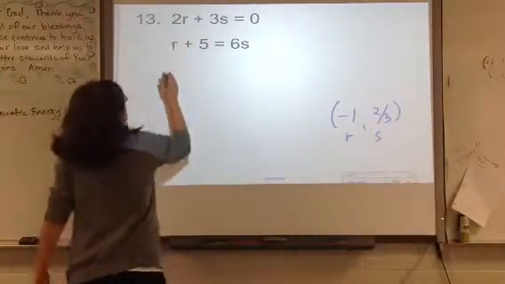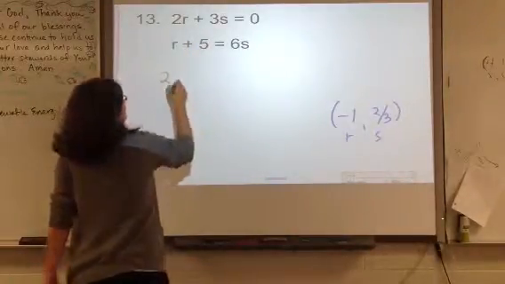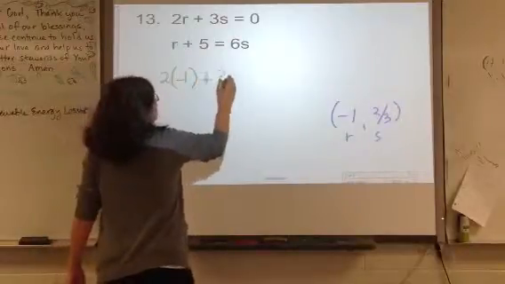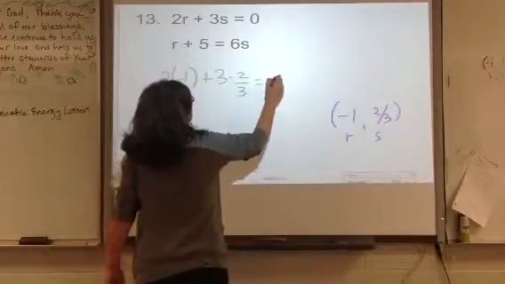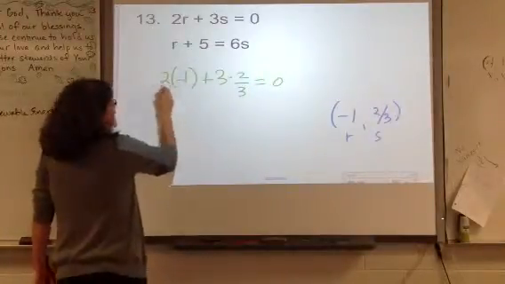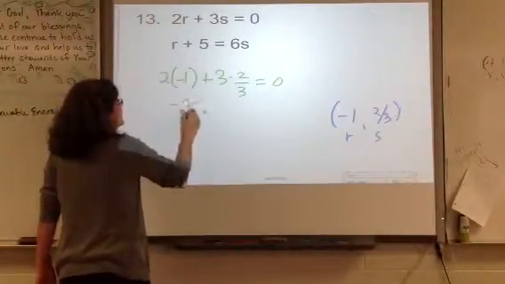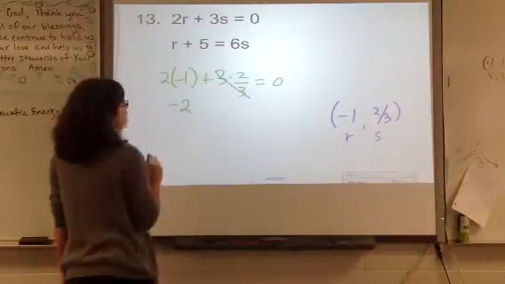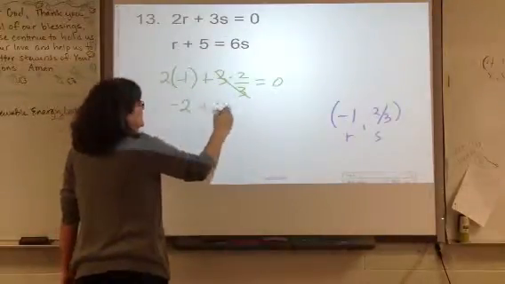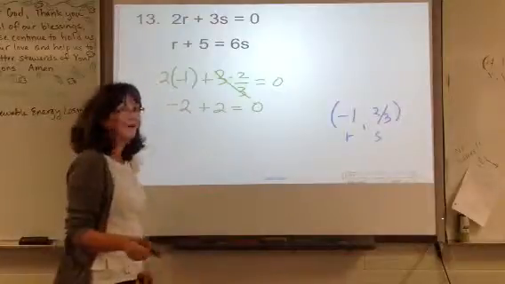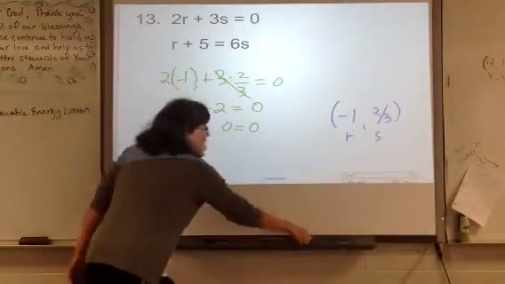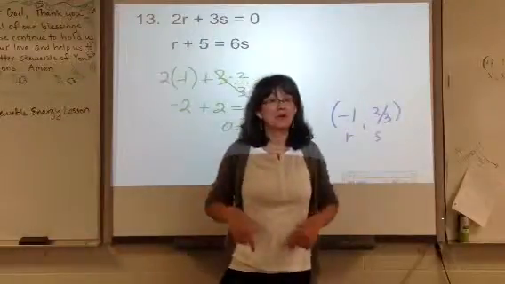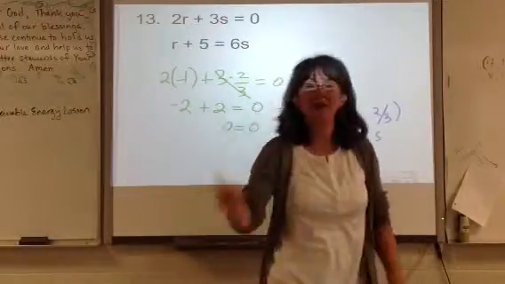I'm going to choose that one this time. 2 times r, which is negative 1, plus 3 times s, which is 2/3, equals 0. Okay, 2 times negative 1 is negative 2, and these reduce to 1. So plus 2 equals 0. Yes! This one only took me 2 takes. Okay, see you later.